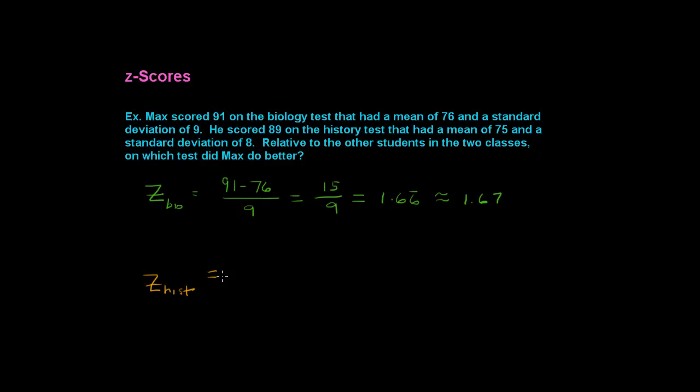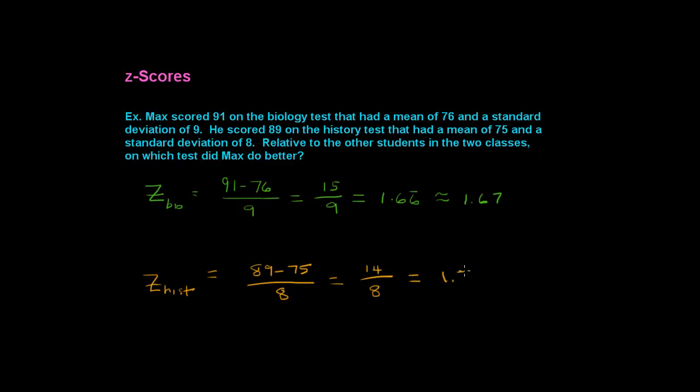On the history test, he made an 89. The mean was 75, and the standard deviation was 8. So here he scored 14 points above with a standard deviation of 8. So how many standard deviations divide into that distance between Max's score and the mean?